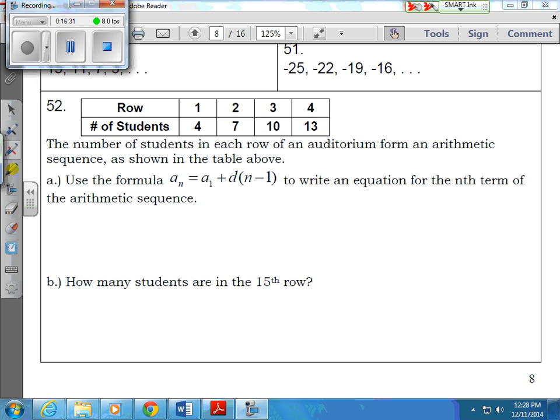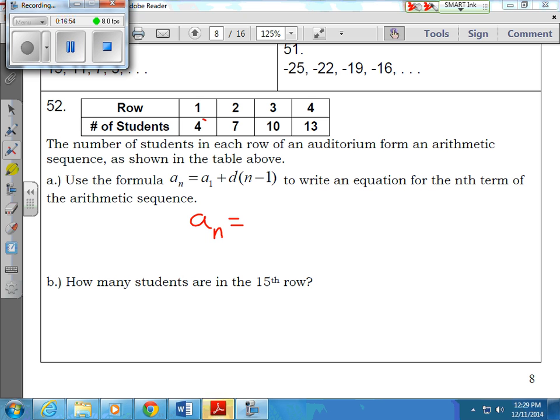The number of students in each row in an auditorium form an arithmetic sequence as shown in the table above. Use the formula A of n is equal to A of 1 plus d times n minus 1 to write an equation for the nth term of the arithmetic sequence. Okay, so A of n would be equal to A of 1.